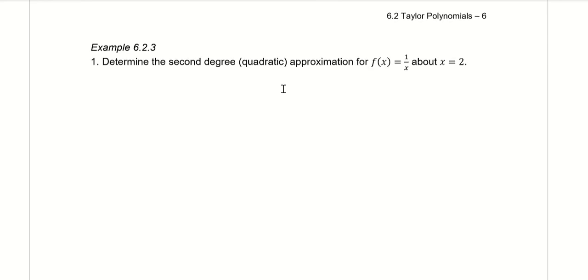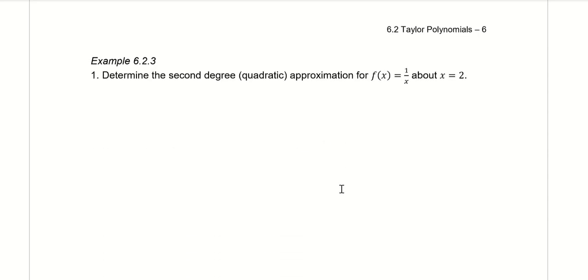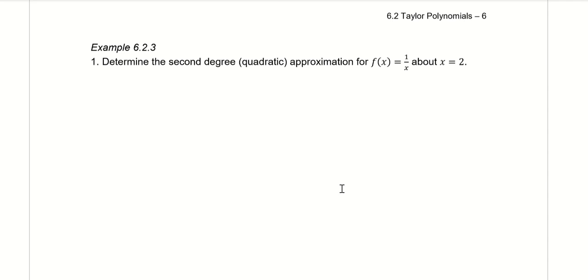So let's look at this one on page 6. We want to determine the second degree or the quadratic approximation for f of x equals 1 over x about x equals 2. And then we're going to use this to approximate 1 over 2.1. So, second degree Taylor polynomial. So what's our structure going to be? This is going to be the second degree Taylor polynomial.